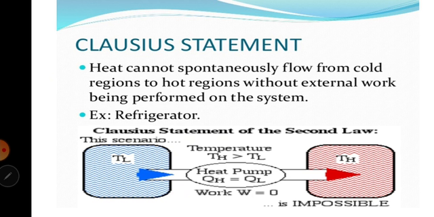Clausius statement: heat cannot spontaneously flow from a cool region to a hot region without external work being performed on the system. An example is the refrigerator. Heat cannot flow from inside the refrigerator to outside without the expenditure of energy. If you provide electricity, meaning energy, to the refrigerator, it takes heat from the cool reservoir and transfers it to the surrounding room in which the refrigerator is kept. That room is the sink, or low temperature reservoir.